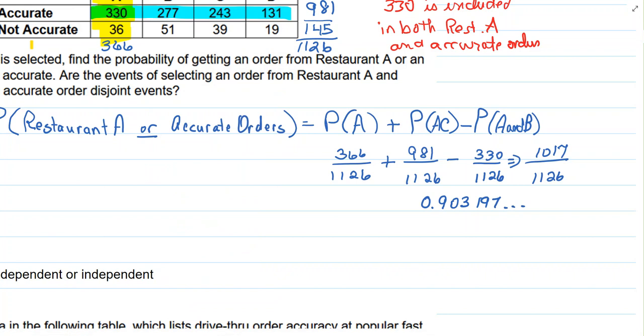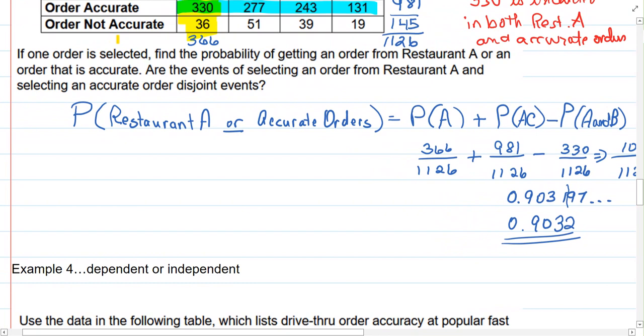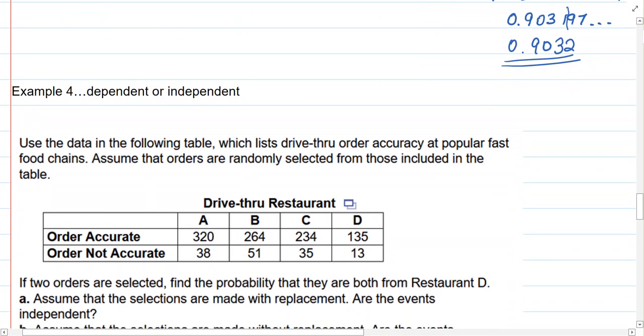We usually do about 4 decimals if we have small, or 3 if we have large. In this case, we're just going to do 4, just to be on the safe side, using proper rounding rules. So the probability of getting restaurant A or accurate orders, which were the largest of the considerations, is almost 90% chance of selecting one that was accurate or restaurant A.